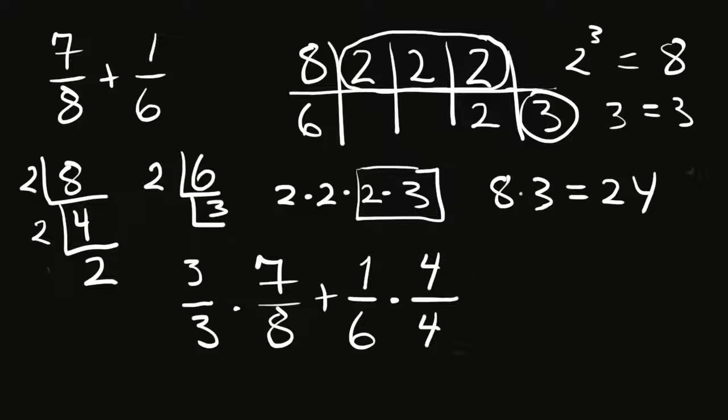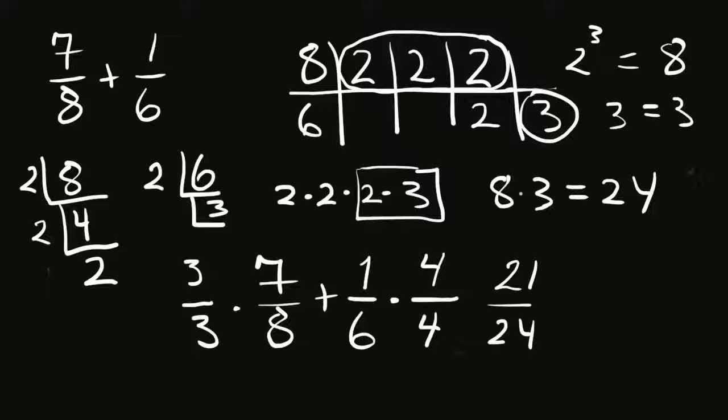Now, 3 times 7 will give us 21, and in the denominator 3 times 8 will give us the 24 we wanted.